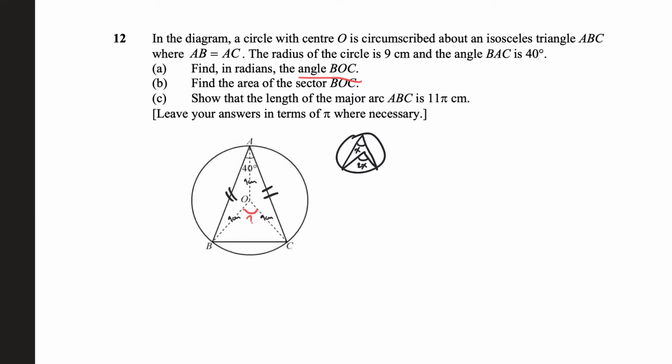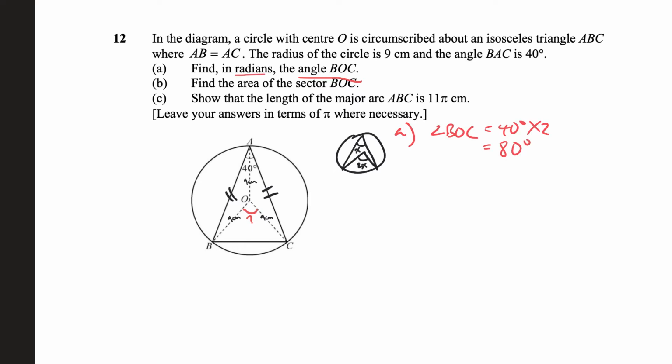That's not the focus of this video, so I think there are other videos that focus on these properties. In this case, this is 40 degrees, so this must be 80 degrees. So I'm just going to go ahead and write part A. Angle BOC is simply 40 degrees times 2, 80 degrees.